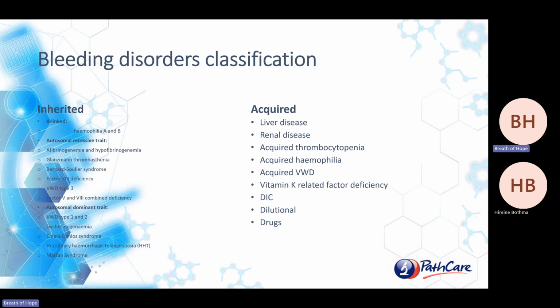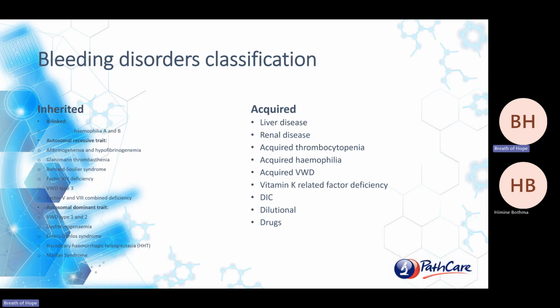Acquired thrombocytopenia, acquired hemophilia, acquired von Willebrand's disease. These are autoimmune conditions, not very common, but you do experience them, and especially the acquired hemophilia and von Willebrand's can be quite scary presentations. I'll show you a picture, so it's good to be aware that they exist.